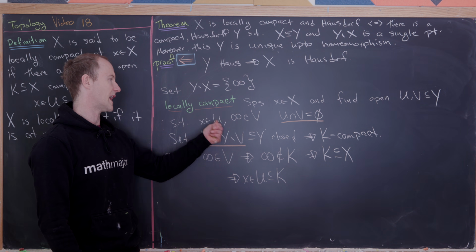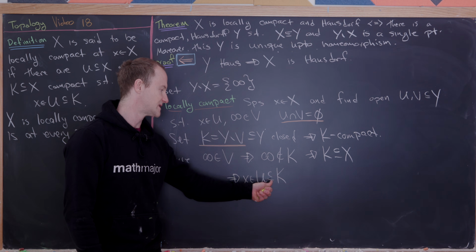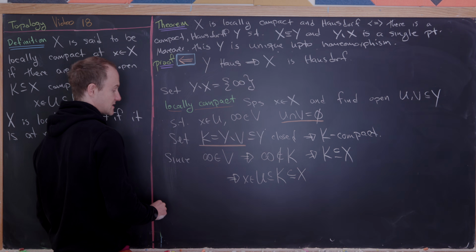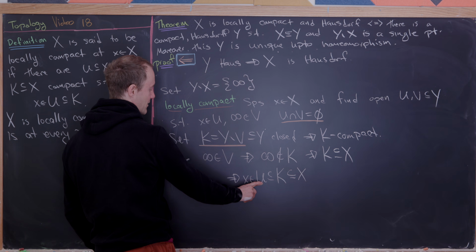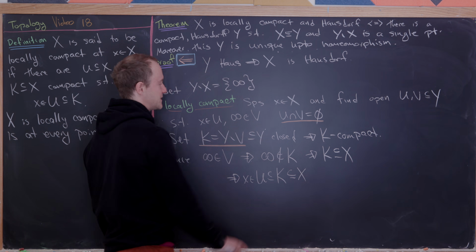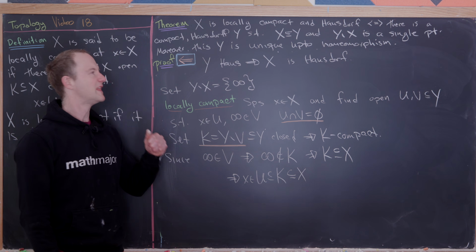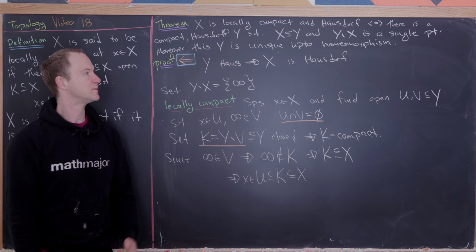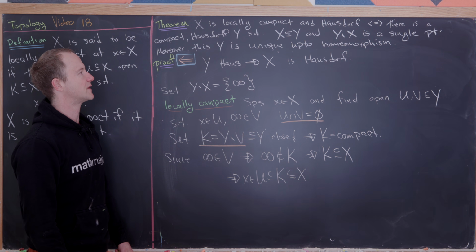We took a point x, we found an open set and a compact set, both subsets of X. And the original point was an element of the open set, which was a subset of the compact set. But that's exactly what we need for X to be locally compact. All right, so now we're done with the if and only if statement.